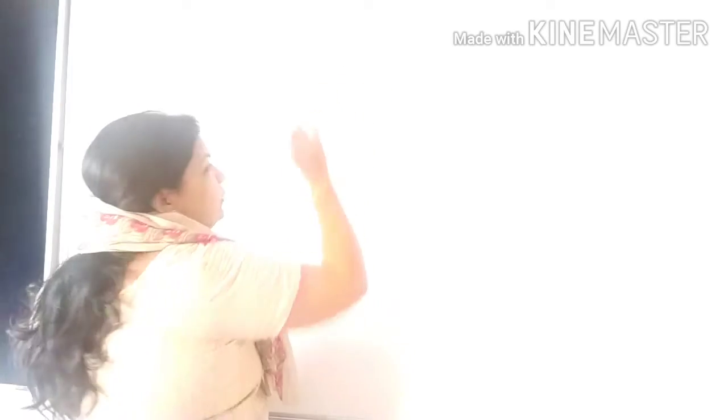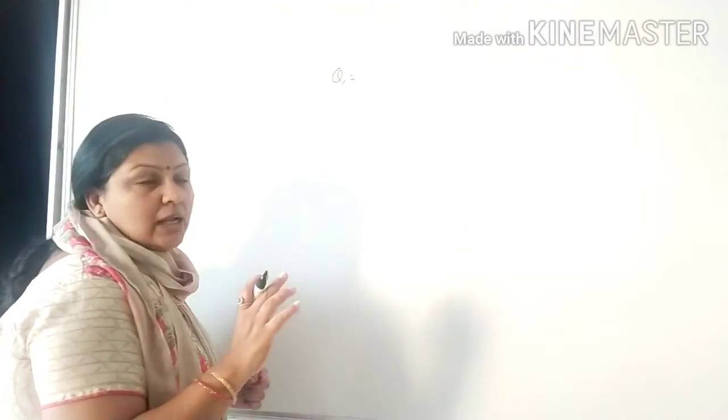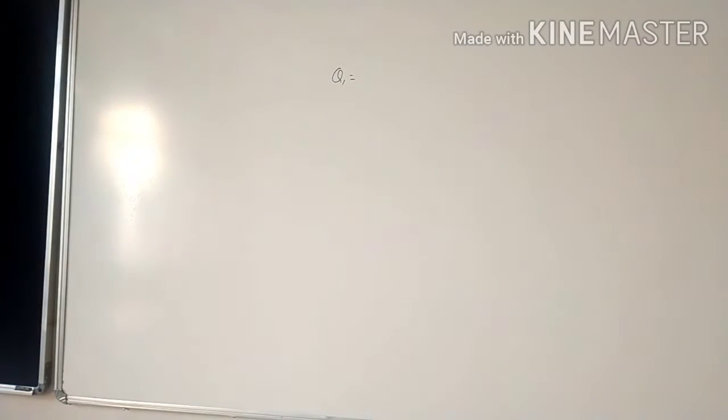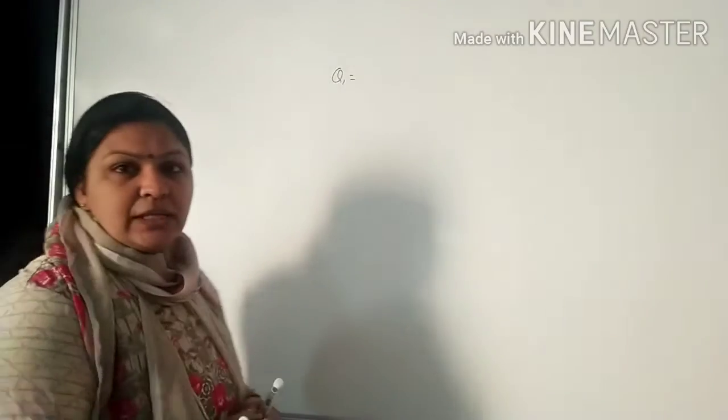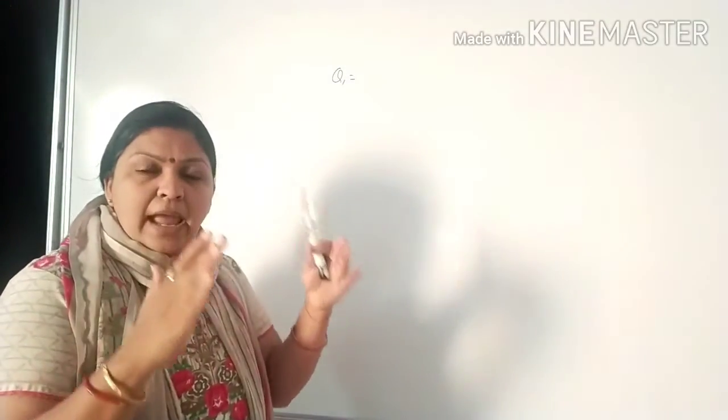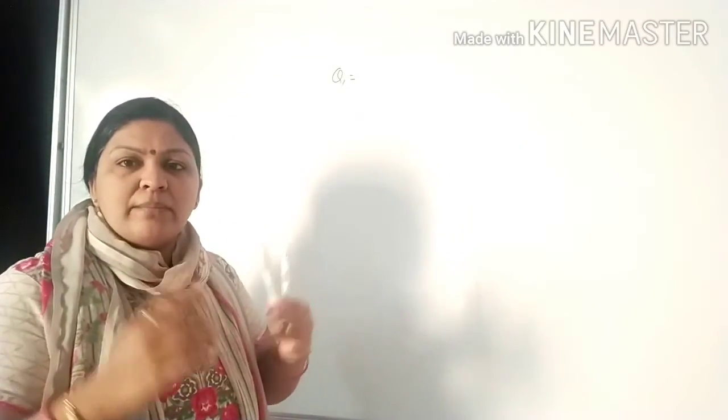When we are talking about the quartiles, take Q1. This is the same formula as for M. Listen, Q1 when we are using the individual series is equal to, what is the formula of M? When we are using M, that is the size of n plus 1 by 2.